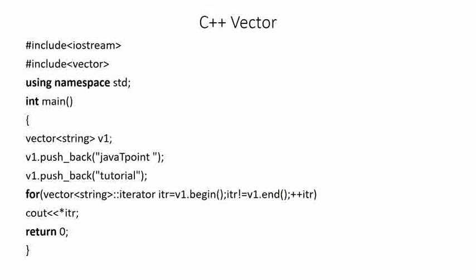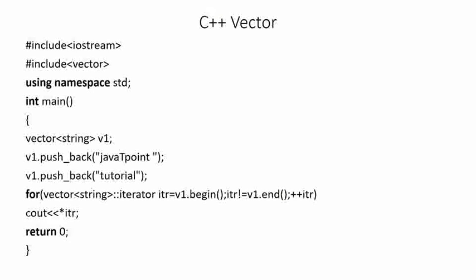V1 as a container, and we store the elements Java point and tutorial in that vector. Friends, for referring to the elements of that container, or the memory address of that container, we use an iterator.